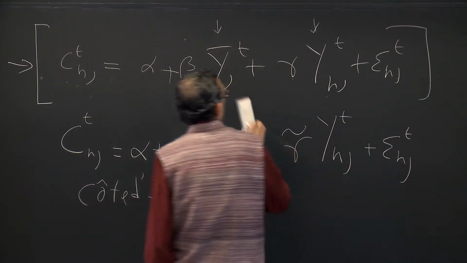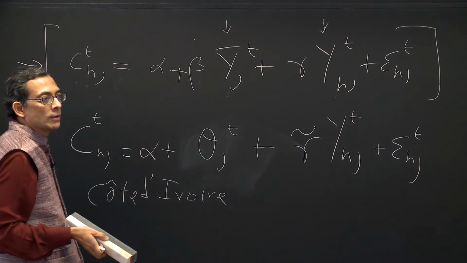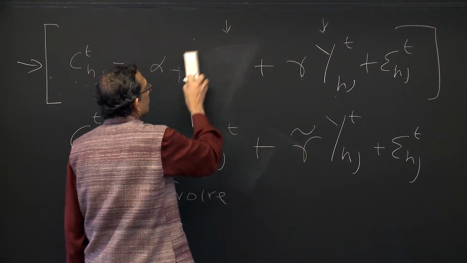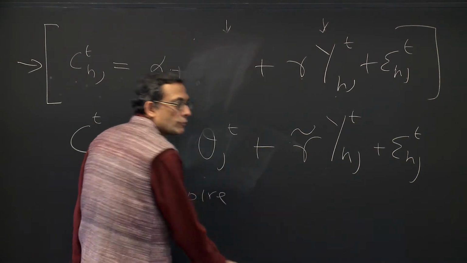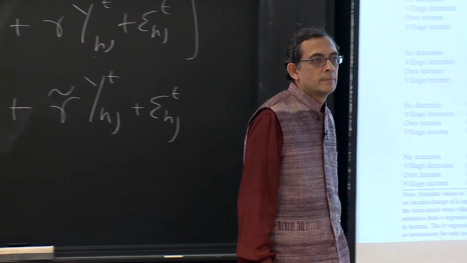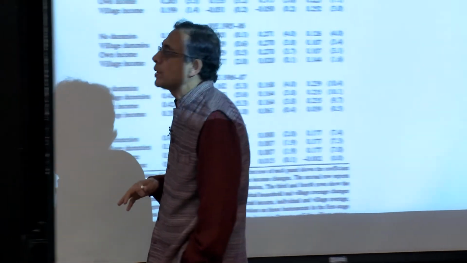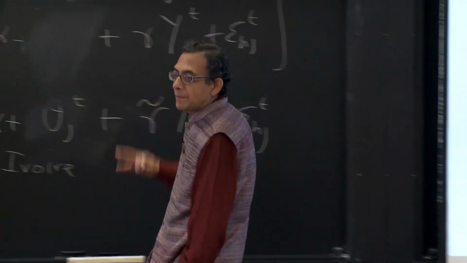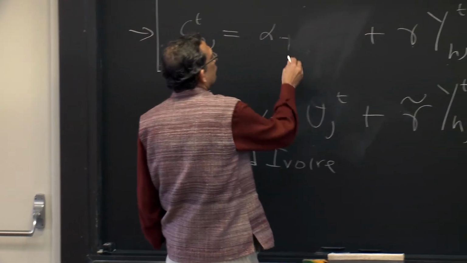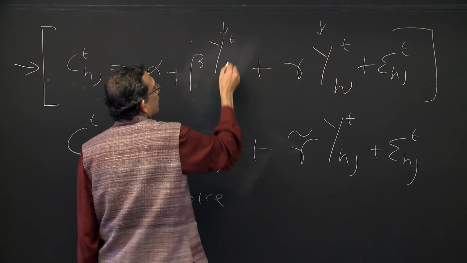So step one in the argument is to think about what would happen. Suppose instead of running this regression, which is what we want to run, we ran a regression where we dropped this. We forgot to put it in. We didn't think about it. What would happen? Imagine the true regression was this one, but we forgot to put in this variable.